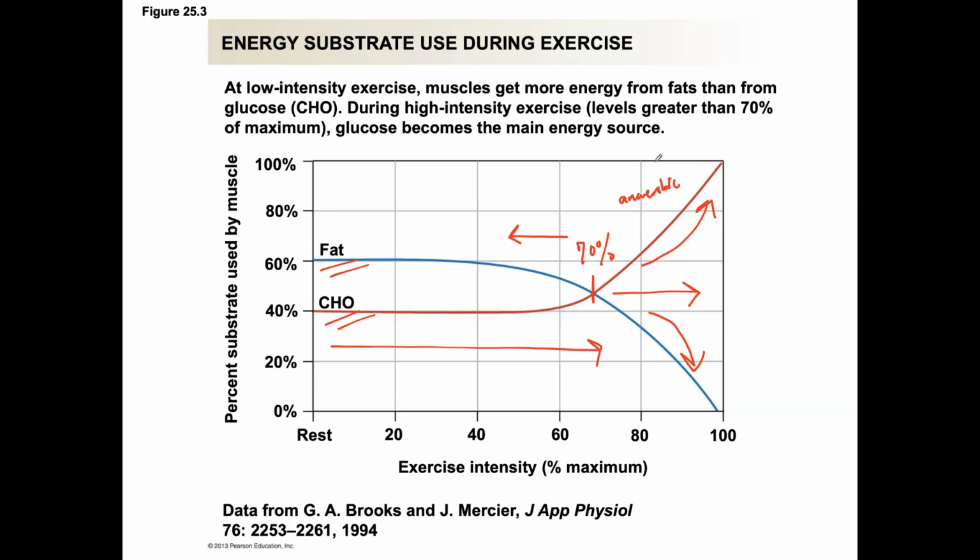So although it's faster in terms of ATP production, this anaerobic metabolism, it's not going to sustain muscle contraction like what you get with aerobic metabolism.